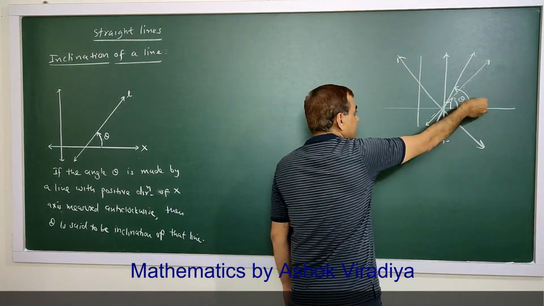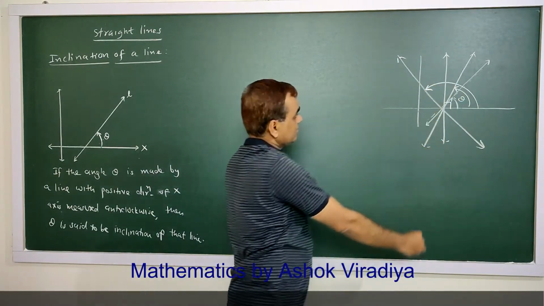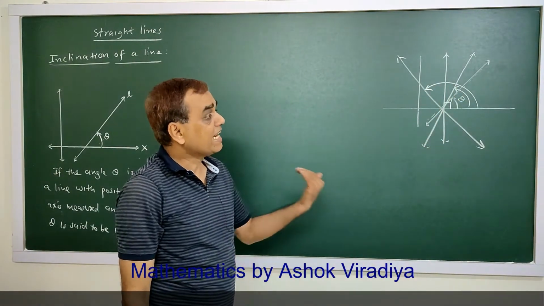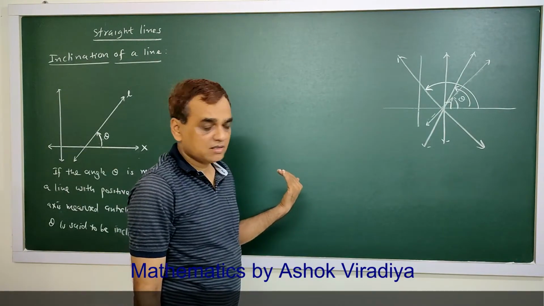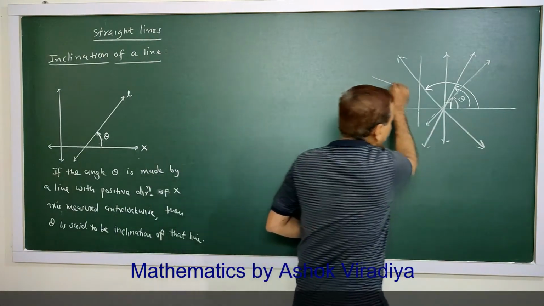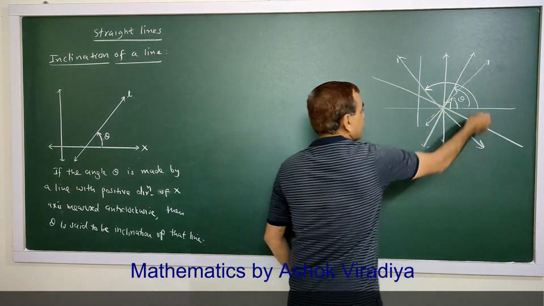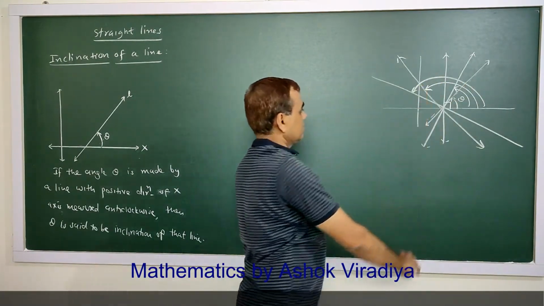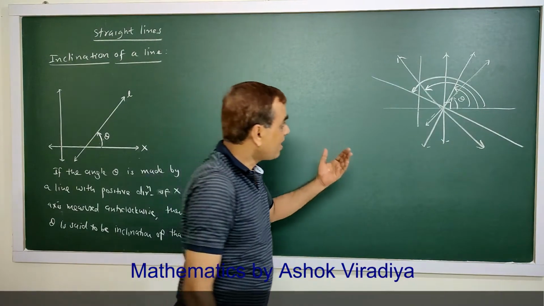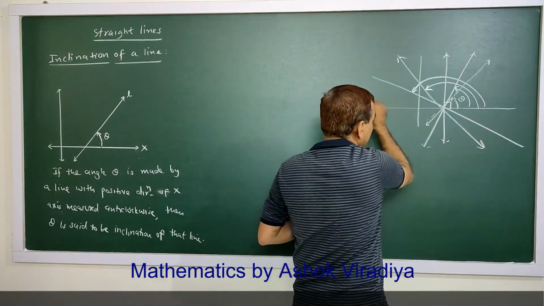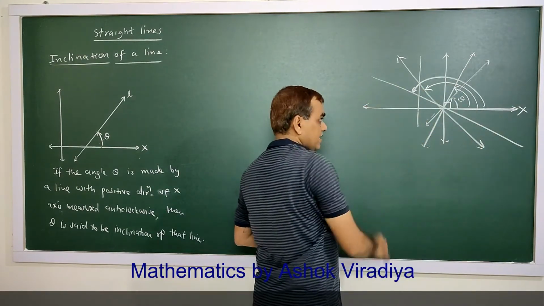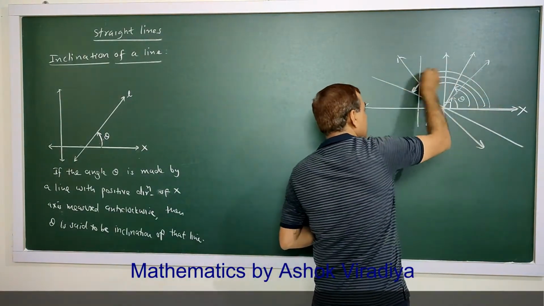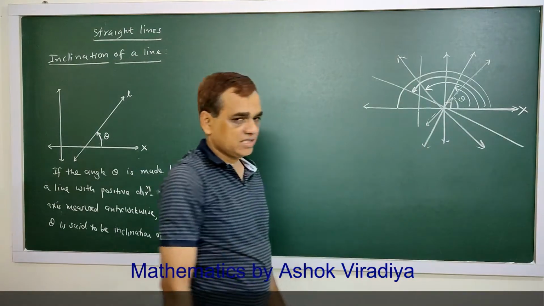So this is theta, more than 90, an obtuse angle. Continuing this procedure, the line is here, so this is the theta. And if I make this line overlap the x-axis, then theta is 180.